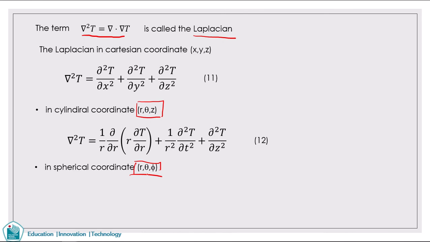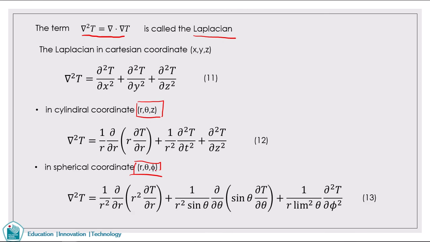So we have r, theta and phi. Del square T will be equal to this equation. Remember, you only need to use this equation. So this will be our today's topic.